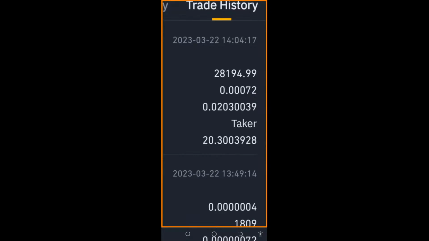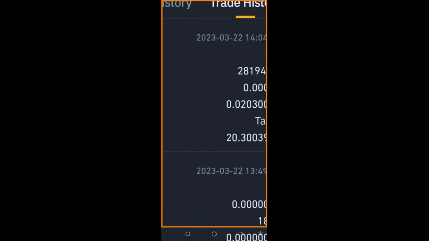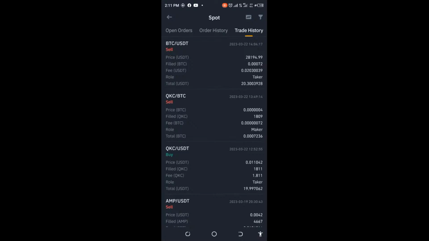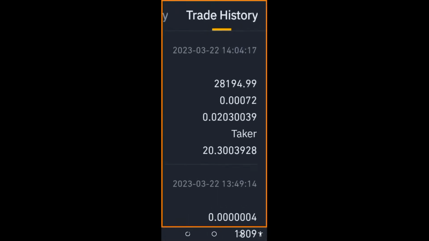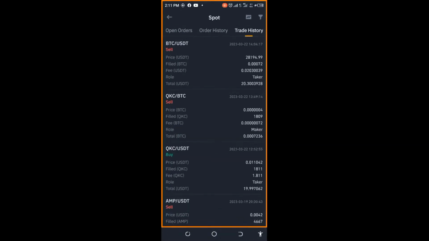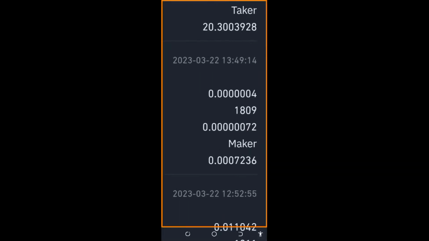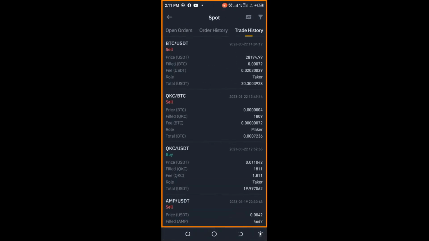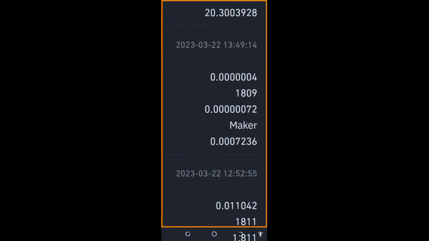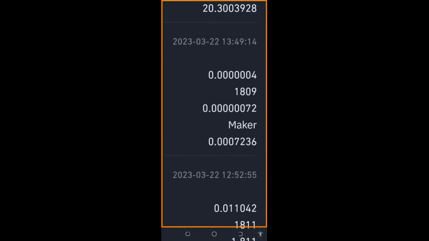Interesting. We got 20.30. But don't forget that in the process we actually paid fees for QKC BTC. Did we? Yes, we did pay a fee. That's the amount of fees, as you can see there, 0.000072.